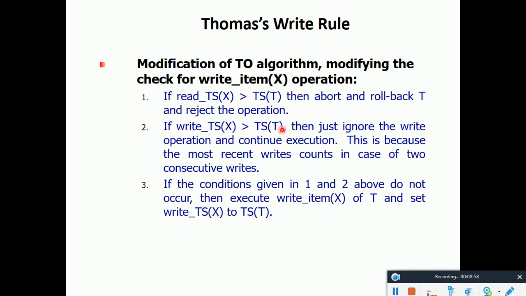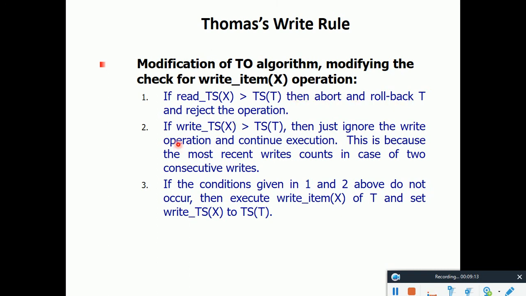Here in the Thomas Write rule, we bifurcate both and make them independent. If the first condition holds, we follow the same rule as the basic TO algorithm: abort and roll back T and reject the operation.